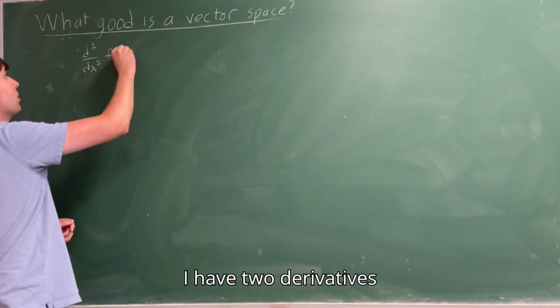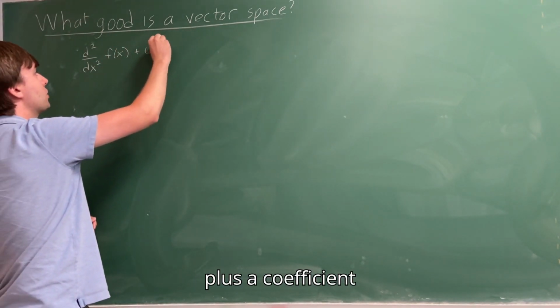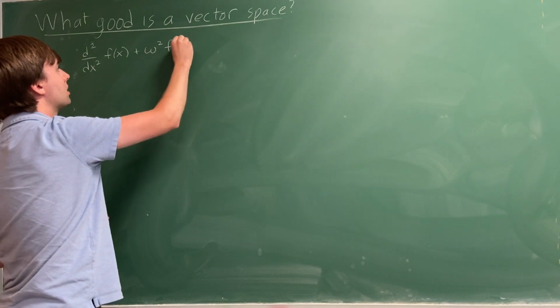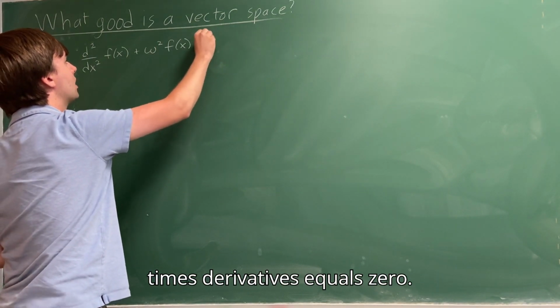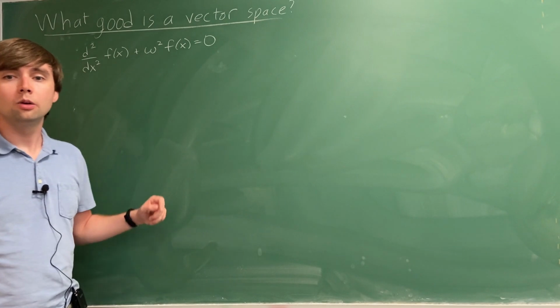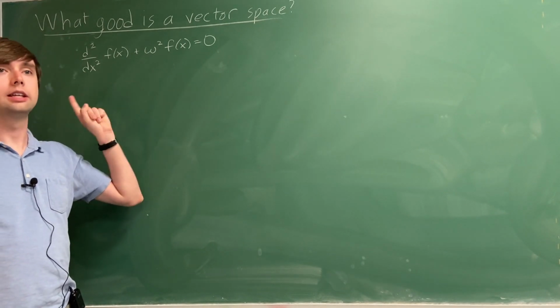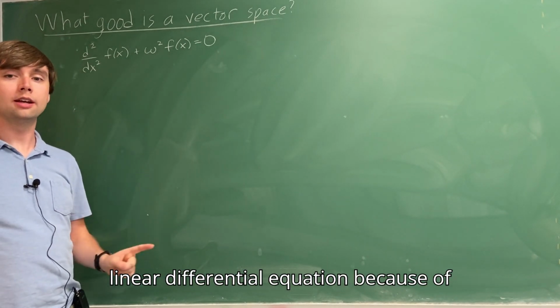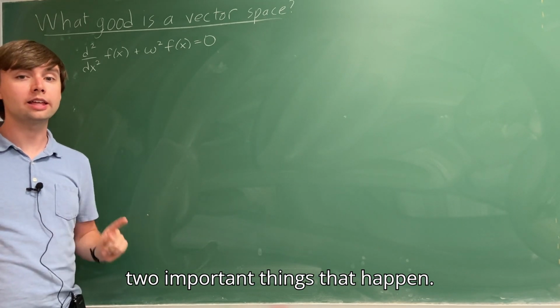I have two derivatives plus a coefficient times the function equals 0. We call this a homogeneous linear differential equation because of two important things that happen.